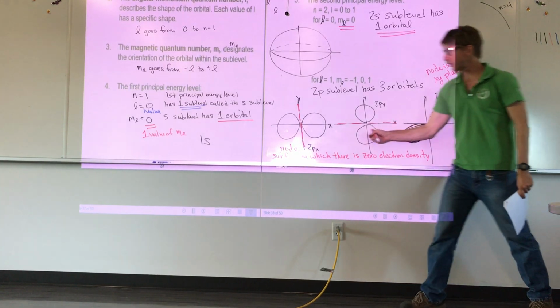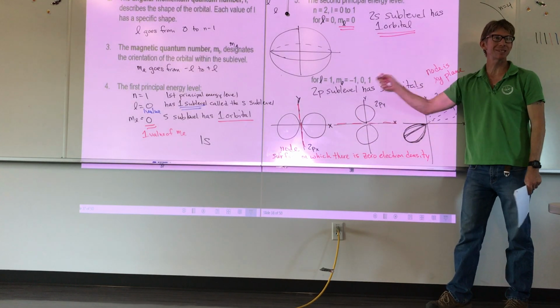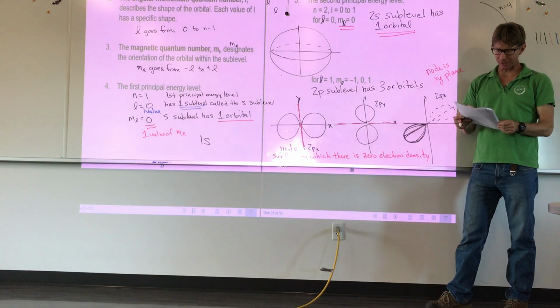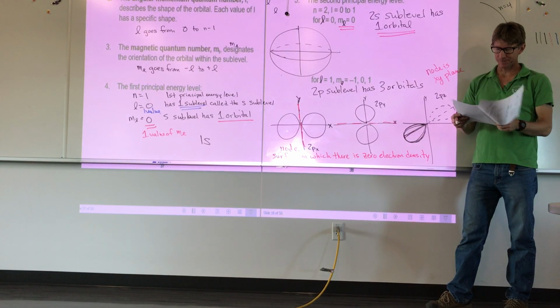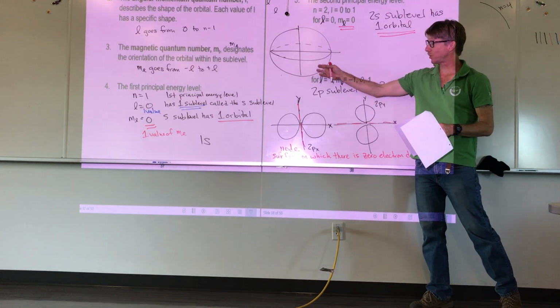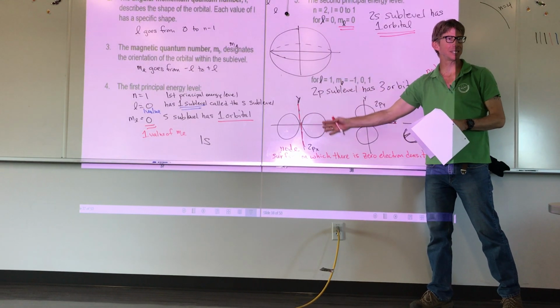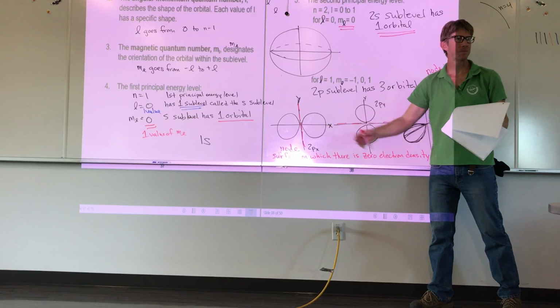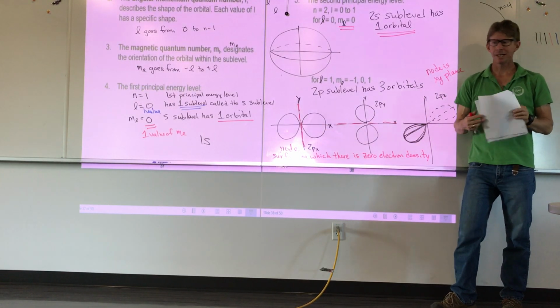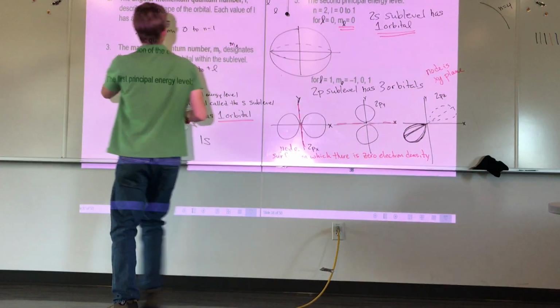Like if you put all 3 of these together, you get the entire 2p sublevel. And what we'll do, I think, in a couple more slides, is I'll start to draw 2s and 2p so you can see how they overlap. So you mean we identify s from p by looking at the shape? Shape, yes. And it's still up here, so I'll reference it.